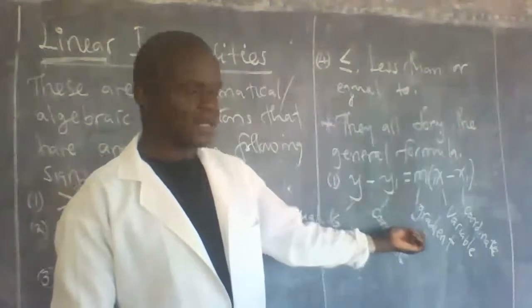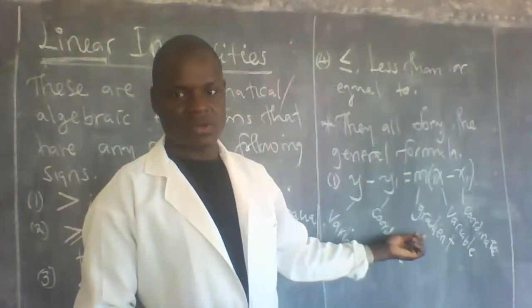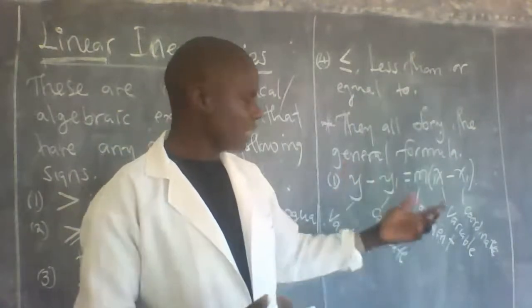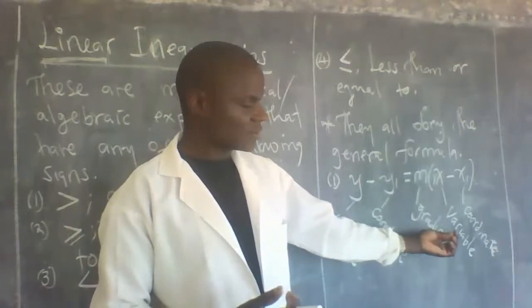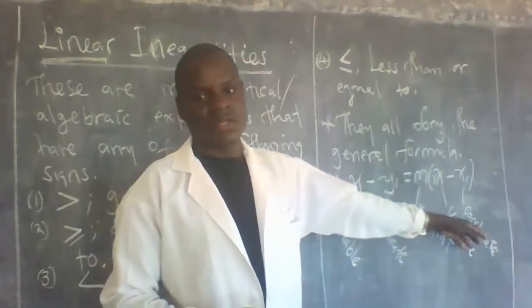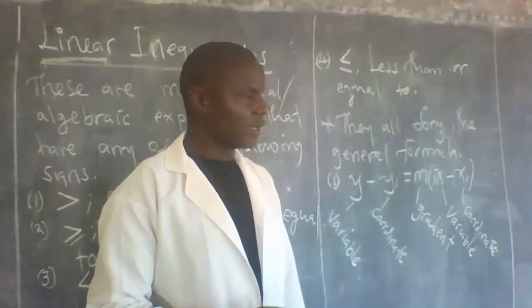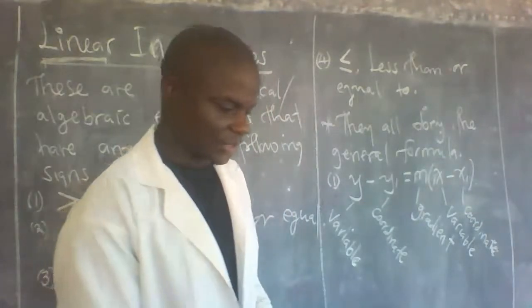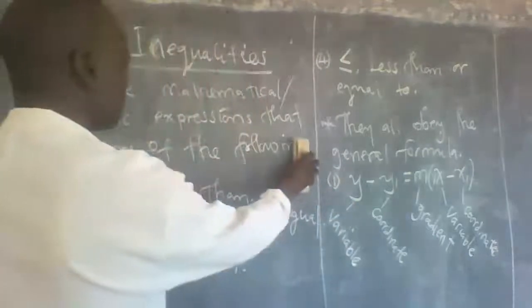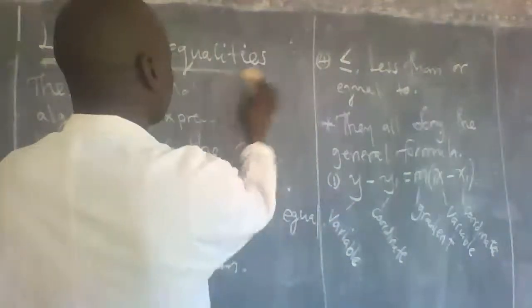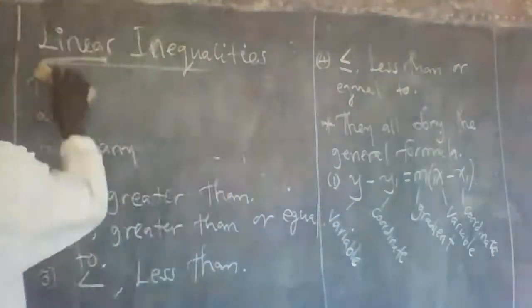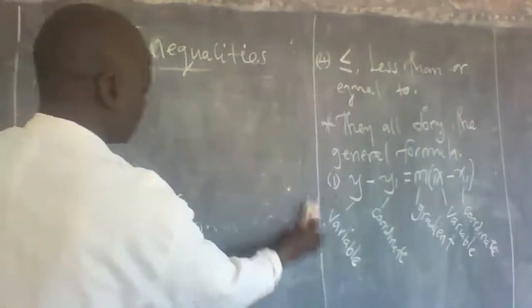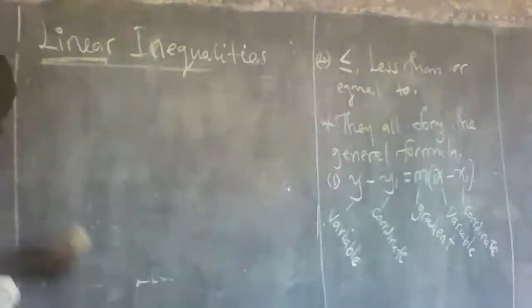The m here is the gradient, which is just the steepness of a line. I'll explain later how we can find the gradient. The first x is called the x variable, and x1 is called the x coordinate. So, what is the second general formula?